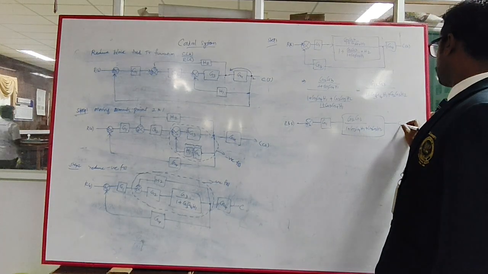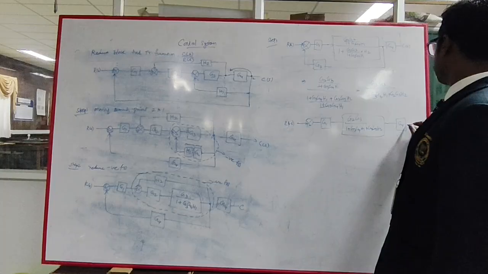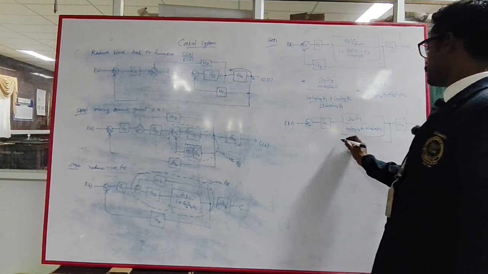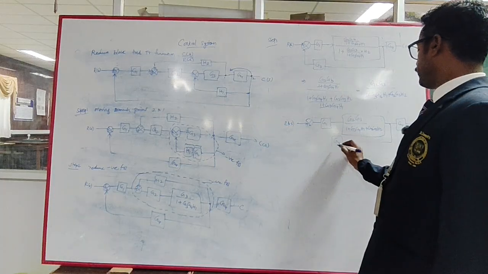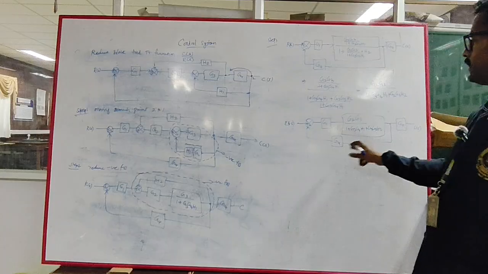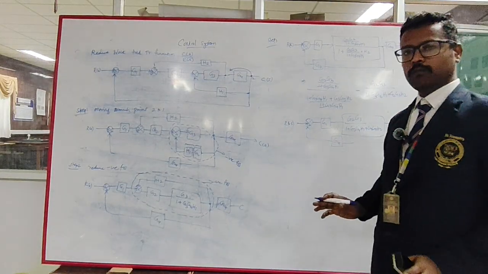Okay, then the G4 is here, then C of S, then the feedback G4. So now again this is in a negative feedback format.